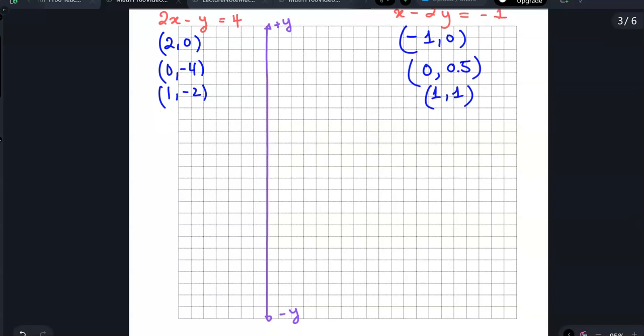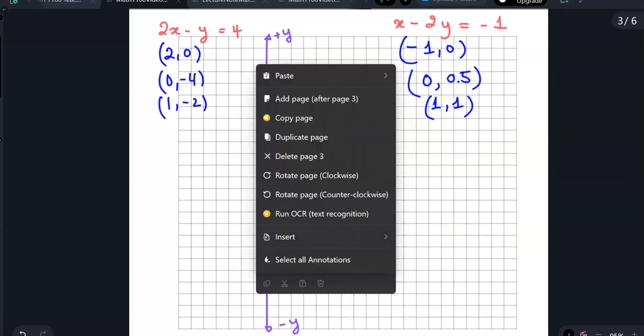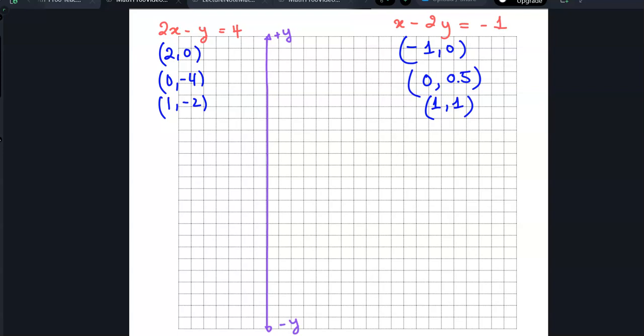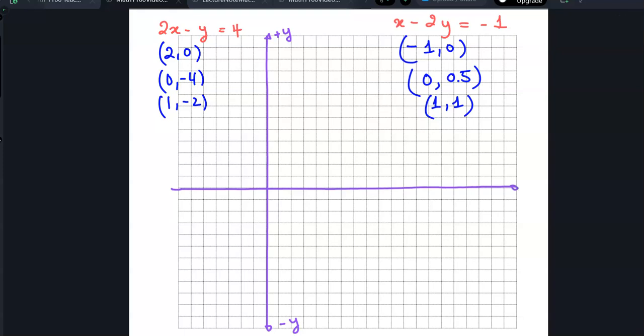Sometimes this software doesn't cooperate with me, but so far it's doing good. Okay, so this is my positive x. This is my negative x. Okay, so I'm going to identify these points on this graph.